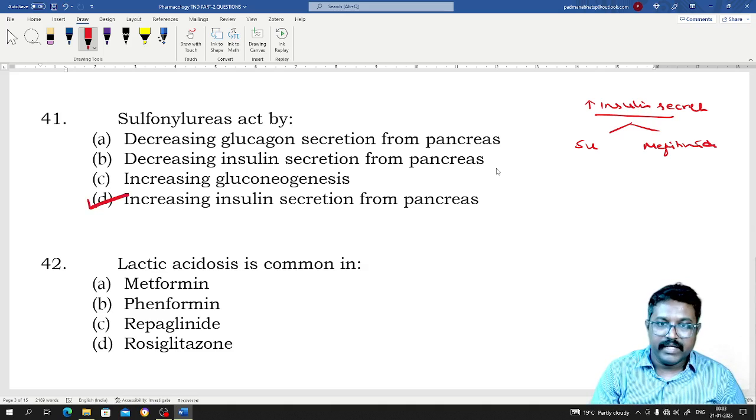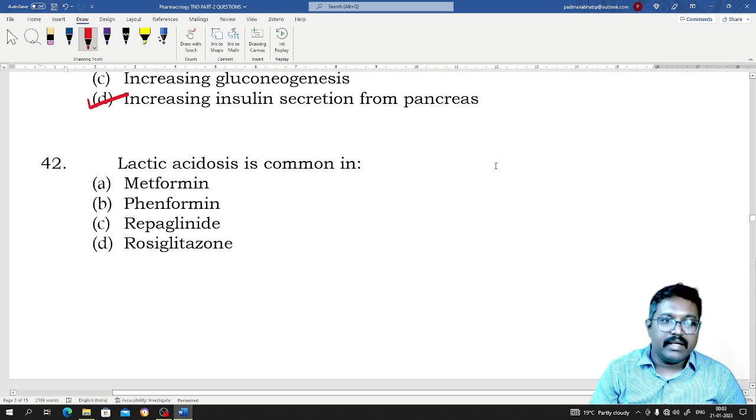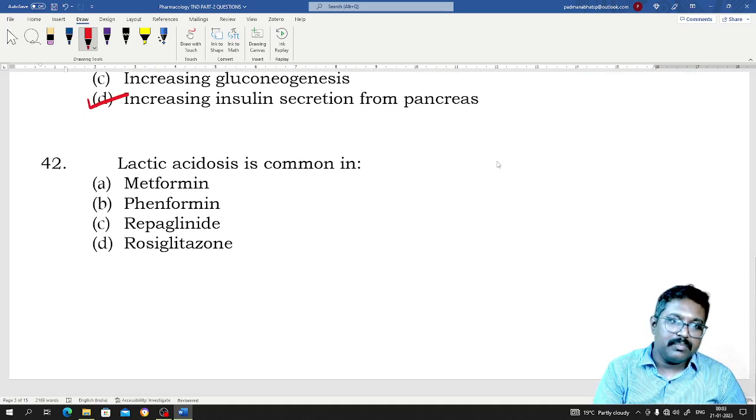Is that okay? Fine. Lactic acidosis is common with. Please remember, lactic acidosis is more commonly seen with phenformin, and it was banned and withdrawn. Even though metformin can cause lactic acidosis, the risk is less. Here the risk is more. So the right answer will be phenformin. Is that clear? Okay.